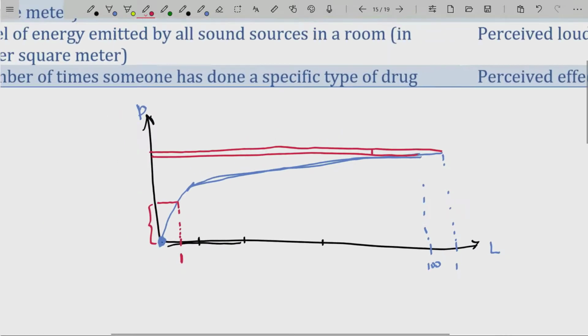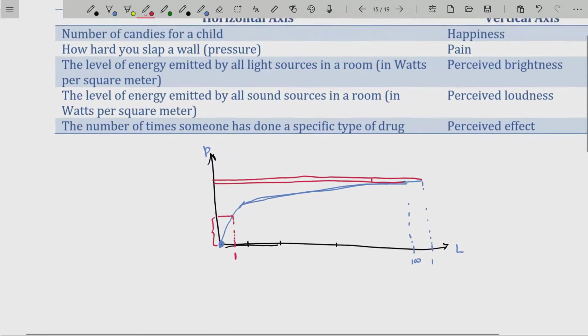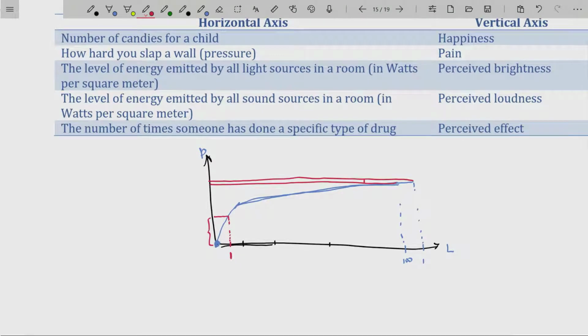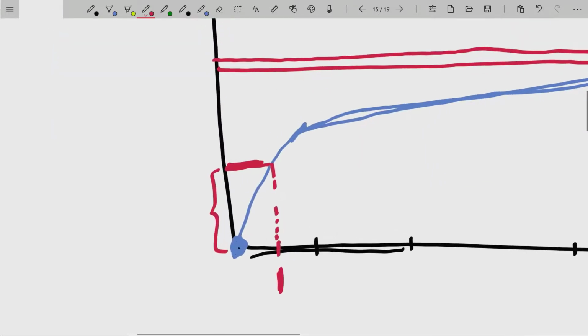And probably the saddest one is the last one. The number of times someone has done a specific type of drug and the perceived effect. The first time they do a drug, it's this huge perceived effect, whether it's a hallucination or some type of weird effect. They get this spike in whatever that effect is.